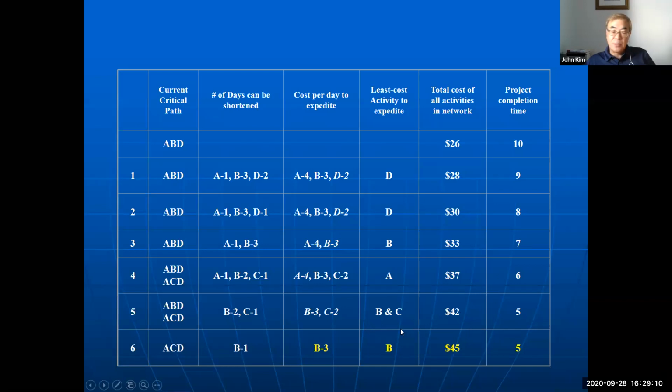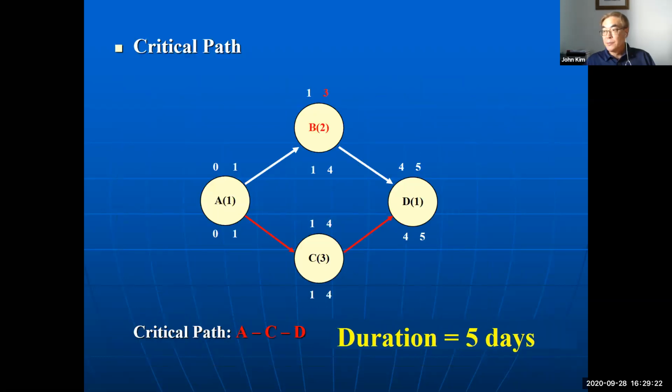So this is a time cost model or PERT. Just to show you, this is PERT. Using this, we can find the possible completion time.